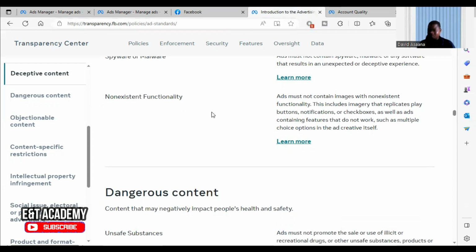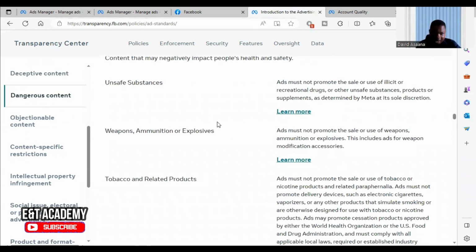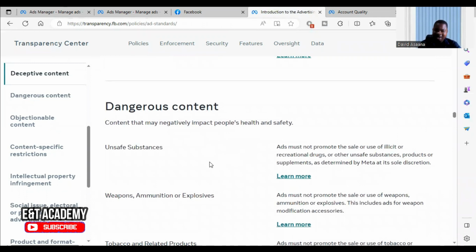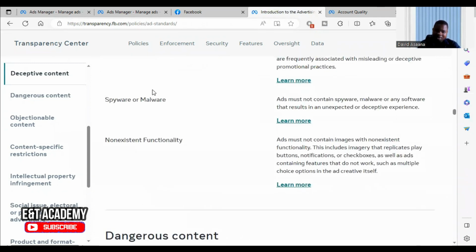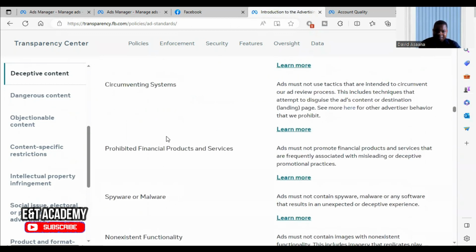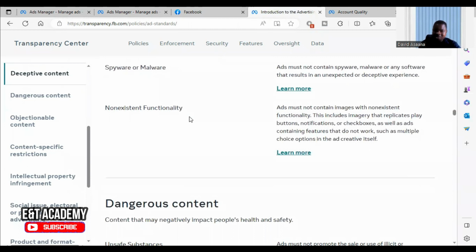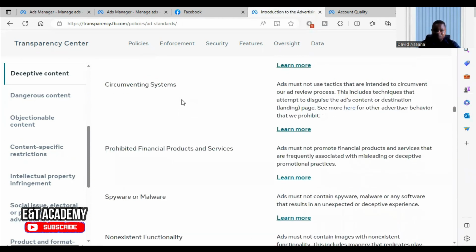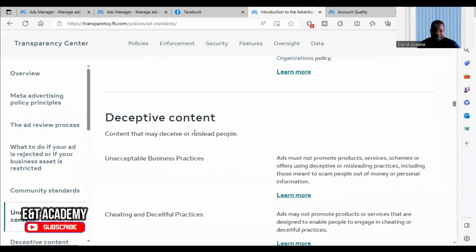Then there is spyware or malware, but in most cases, unless the person is a scammer or hacker, I'm not sure you may be selling something that will have spyware or malware. But other policies, such as non-existent functionality, are ones that people commonly violate.